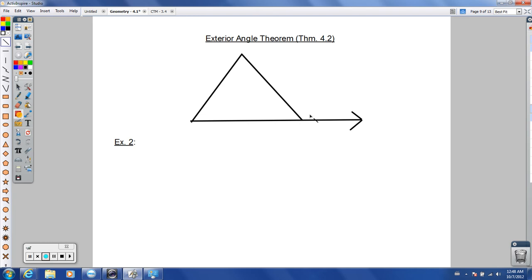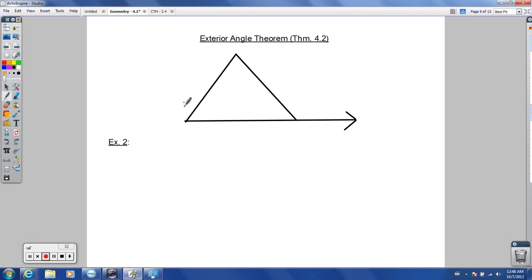So I'm just drawing in one exterior angle of the three. I could draw more rays this way and this way and this way, and then add all three exterior angles, but I'm just going to refer to this one for right now. So let's label these points. We'll call this A here, we'll call this B right here, we'll call this C down here, and this one we're going to call angle 1.